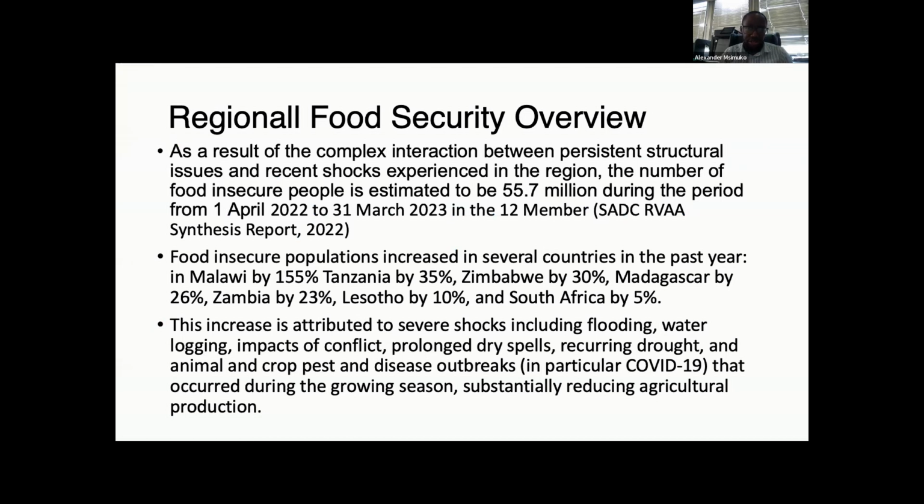This just shows us the gravity of the food security, or insecurity, situation. Most of these factors are attributed to a number of severe shocks, which have already been discussed by a number of panelists. I would delve a bit deeper into some of those contributing factors or hazards.